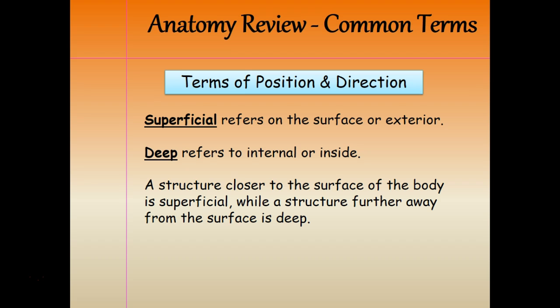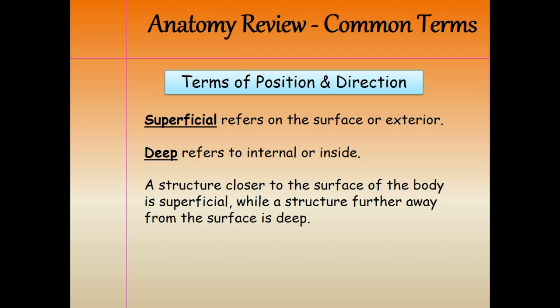We have the terms superficial and deep. Superficial refers to anything on the surface or the exterior, and deep structures are those that are inside of the actual patient. So we can also think about things relative to where they lie. For example, a structure that's closest to the surface of the body would be superficial, while a structure that's further away from the surface is considered deep.